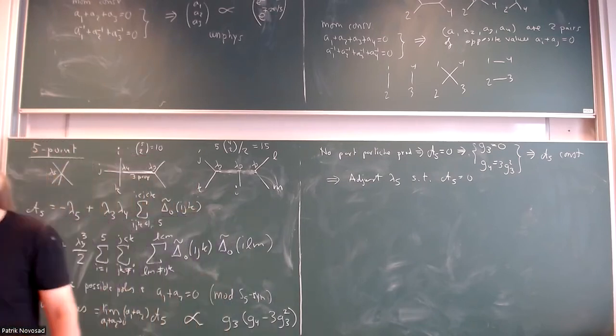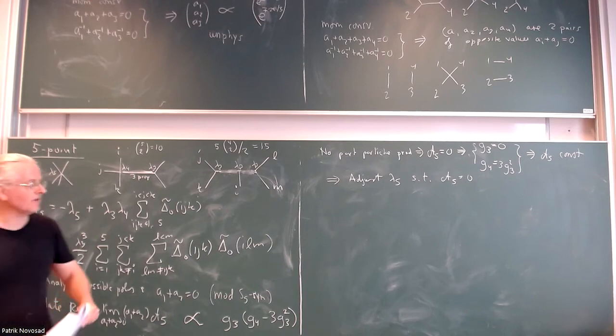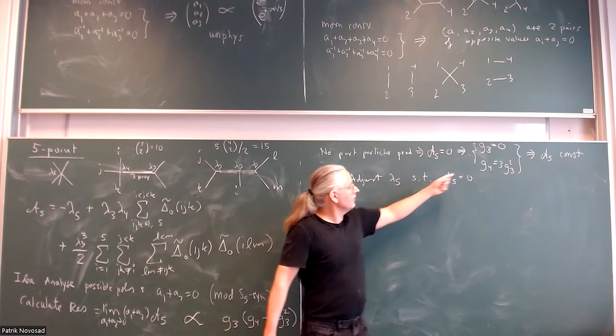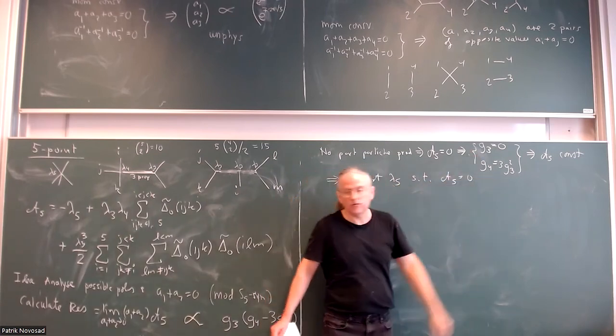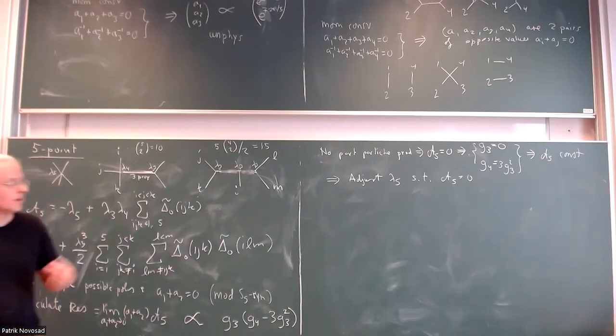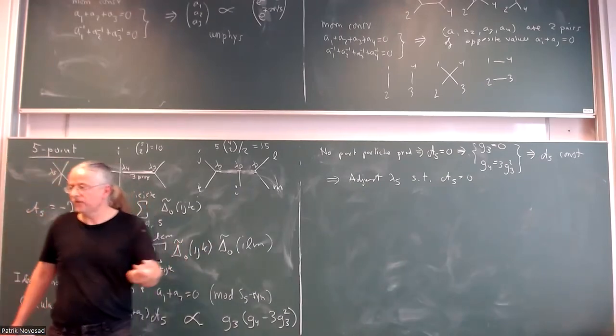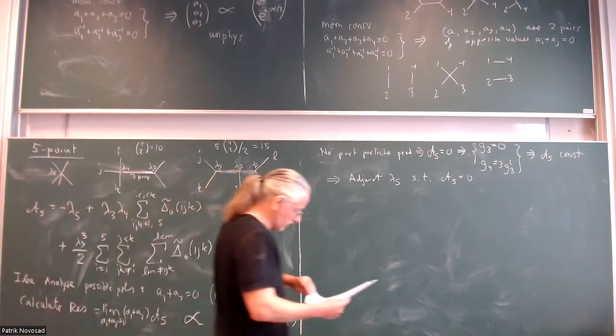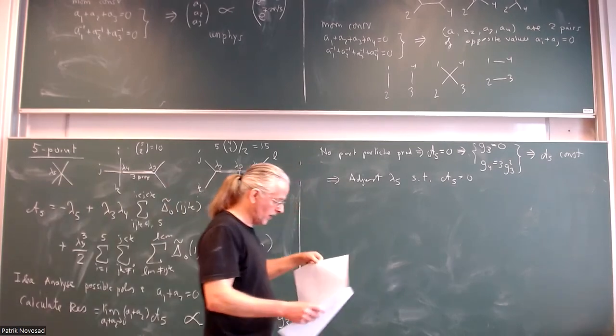So we fix lambda 5 to be a function of G3 and G4. Okay? So now A5 is 0. Make sense? Okay. So then we go on.